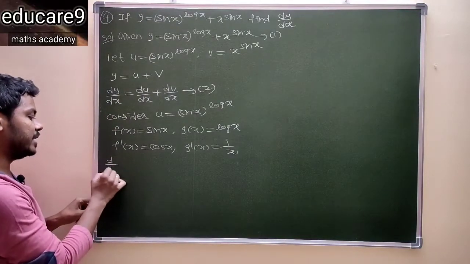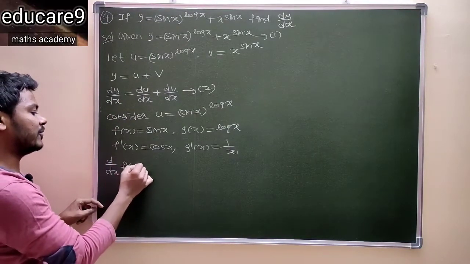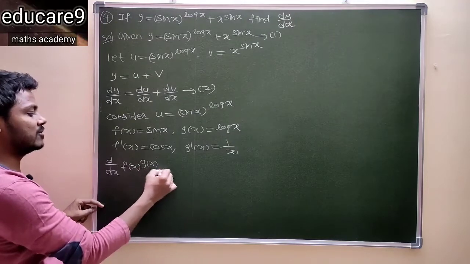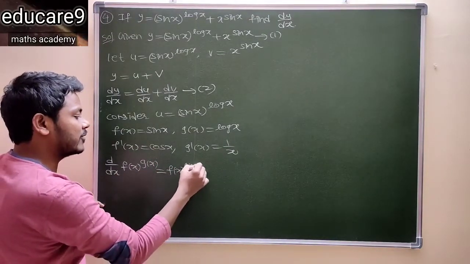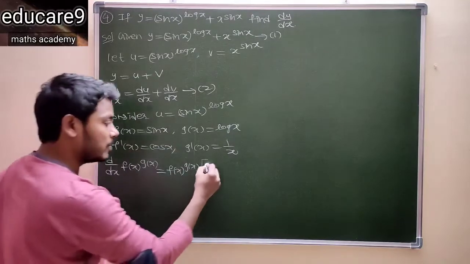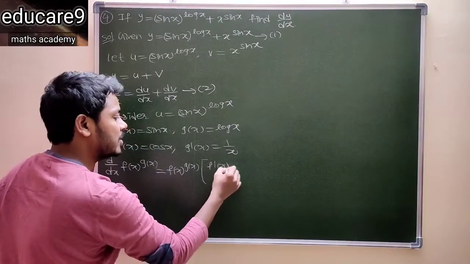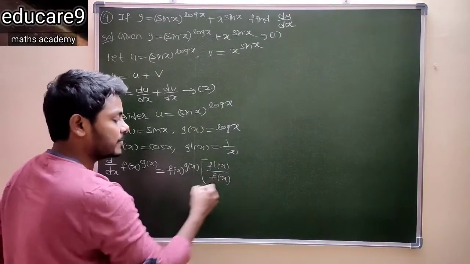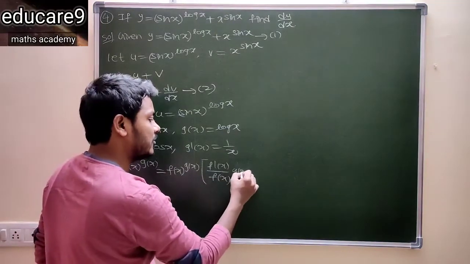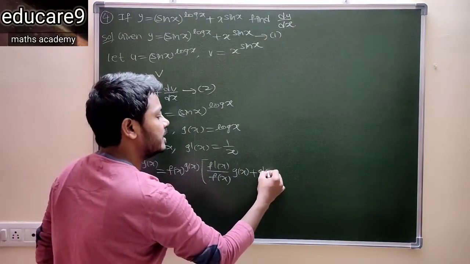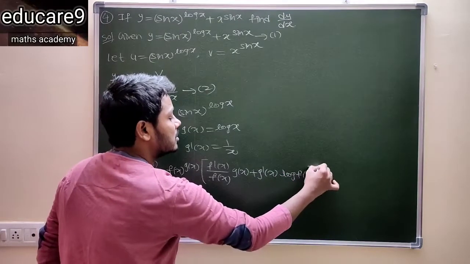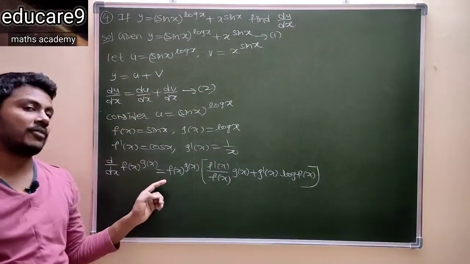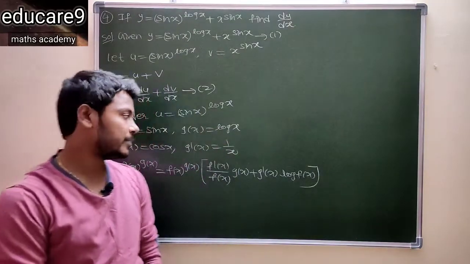Therefore d by dx of f of x whole power g of x is f of x whole power g of x into f dash x by f of x into g of x plus g dash of x into log f of x. So this is the derivative of f of x whole power g of x formula.